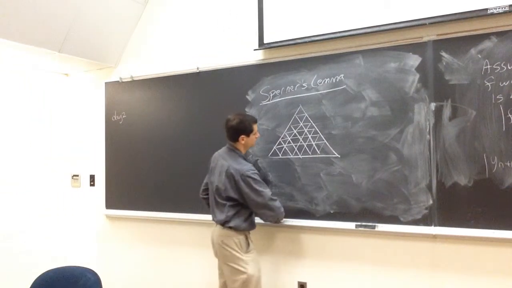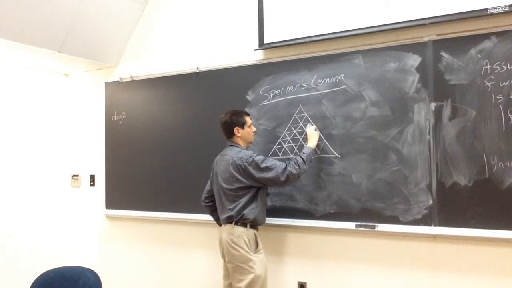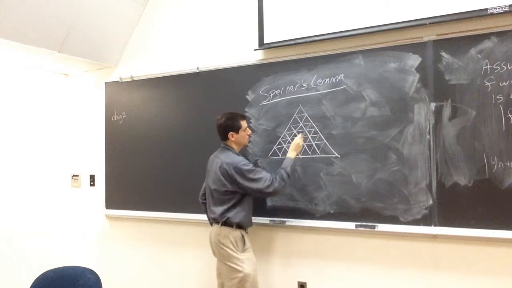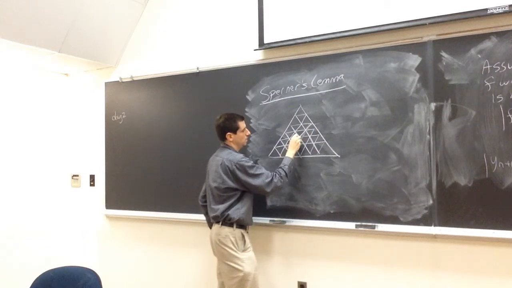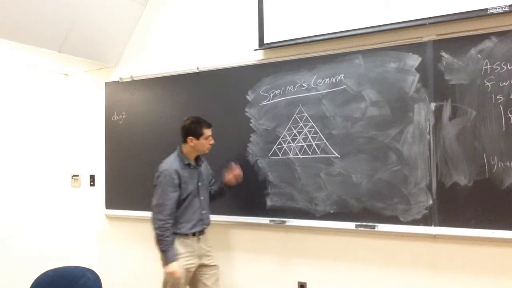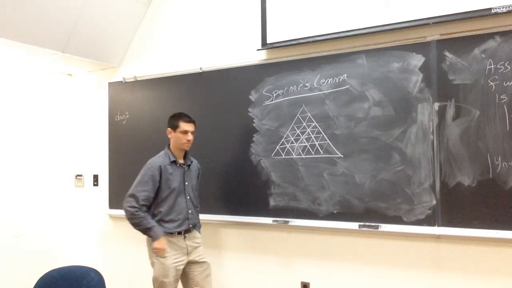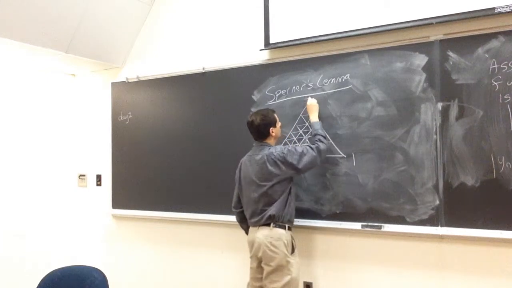One of the lines is not so good. So I've taken a triangle and I've divided it up into smaller subtriangles. And I'm going to give the vertices names, 0, 1, and 2.